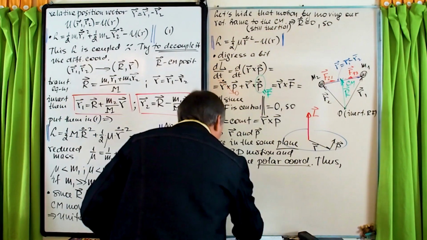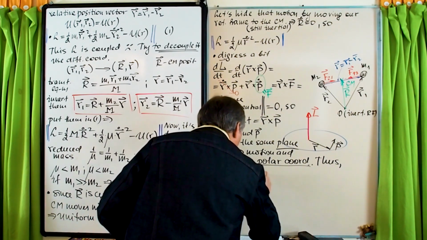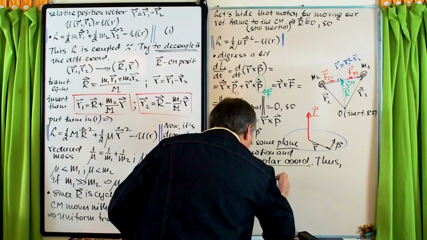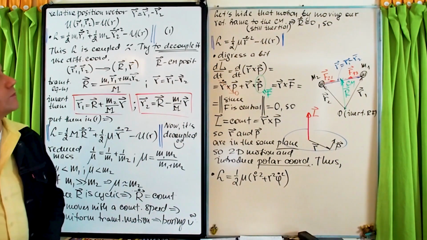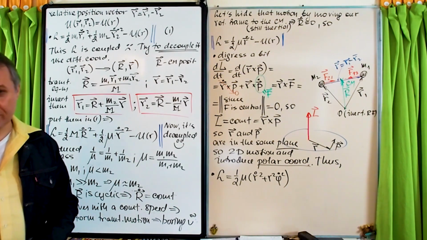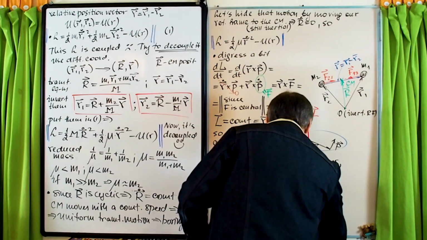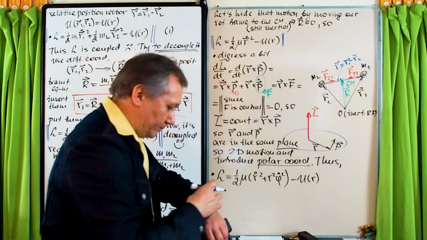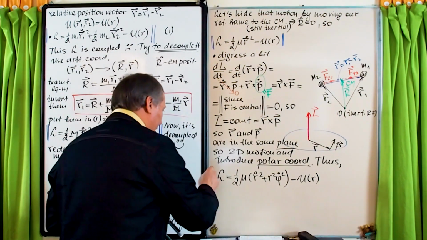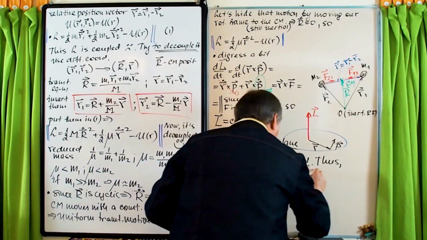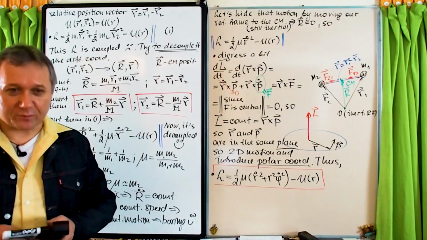So now we can easily write it: 1/2 mu (r dot squared plus r squared phi dot squared), that's the first term, the square of the velocity, minus u as a function of r. So this is the final form of the Lagrangian. Okay, so now I can frame it with red.